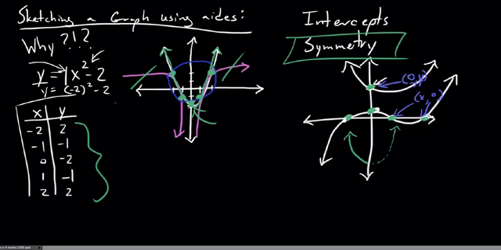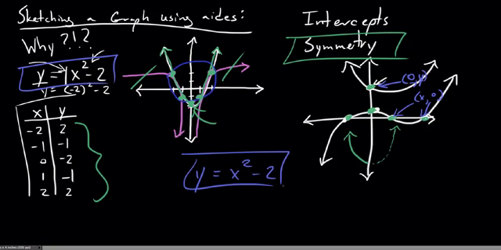The reason that's so convenient is because going back to our original example, y equals x squared minus 2, we could check to see if this had any intercepts simply by using the fact that y is 0 when we have an x-intercept, and x is 0 when we have a y-intercept, and that's an if and only if.